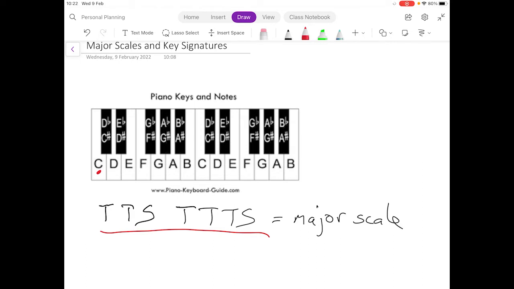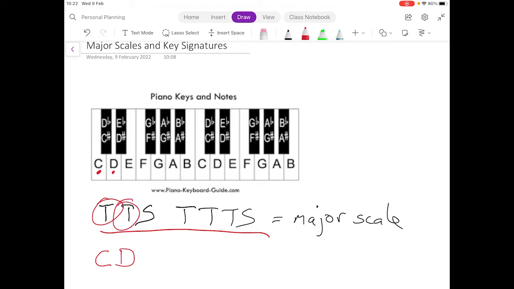I'll write them down here in red. So obviously our first note is C, and now what we do is we go a tone up from C. So remember, a tone would be two notes, so go 1, 2. So that would be D, that's our next note.